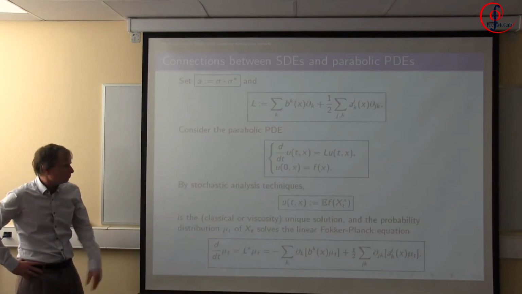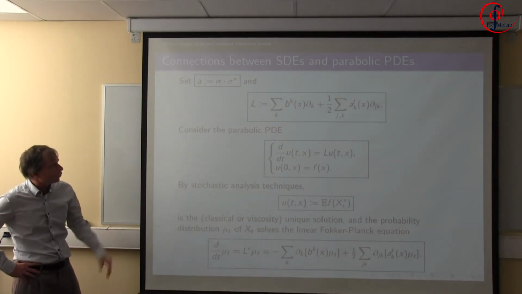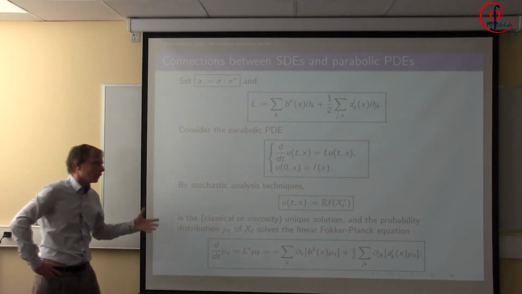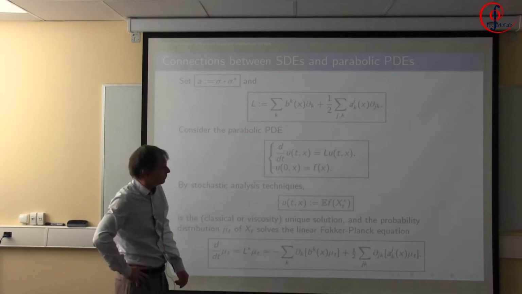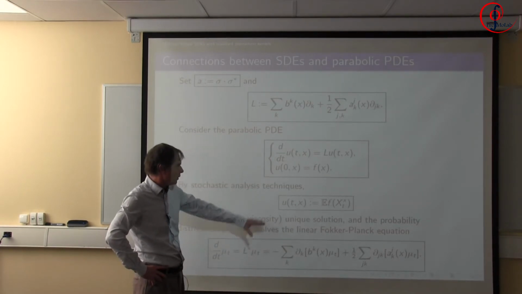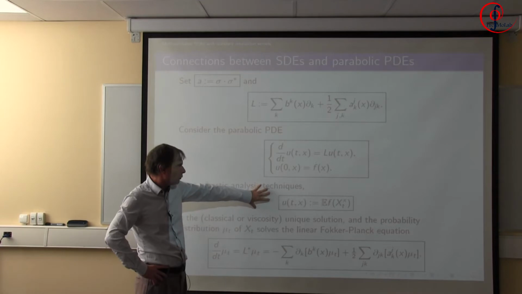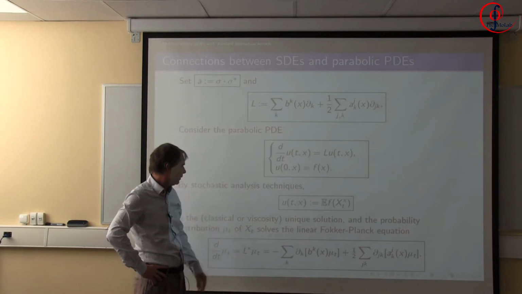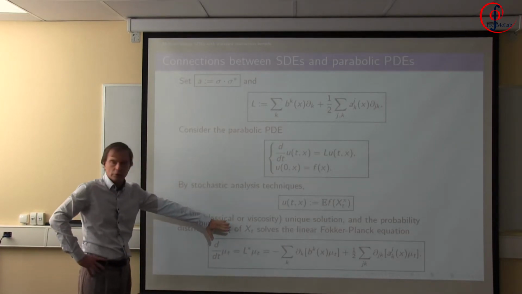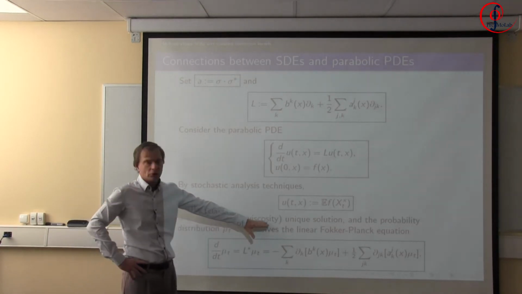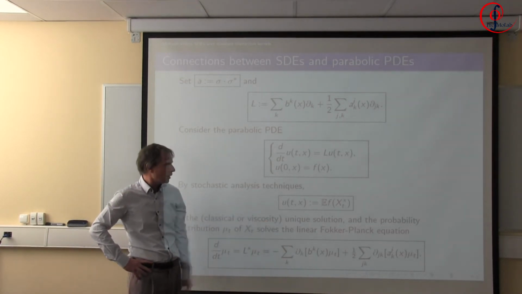So if all the coefficients are smooth enough or satisfy other ad hoc conditions, we are able to prove that this PDE has a unique solution, which may be either a smooth solution, classical solution, or a weak solution in the viscosity solution sense.